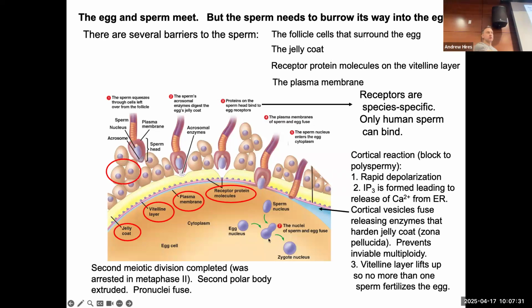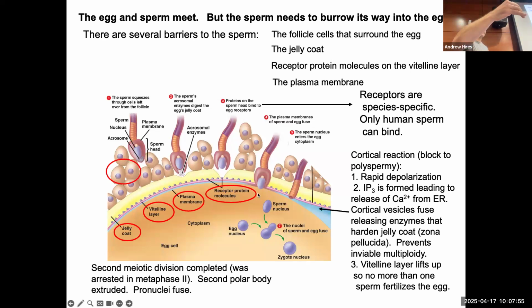Kind of complicated. Any questions about this? Yeah. What's the timing of the cortical reaction? The fusion of the sperm nucleus with the plasma membrane of the egg is what causes the electrical depolarization.